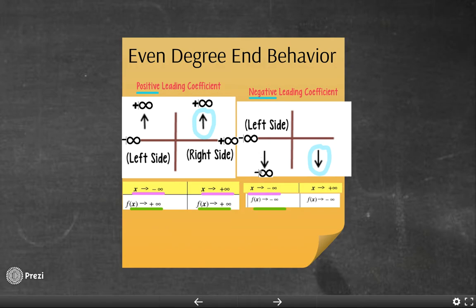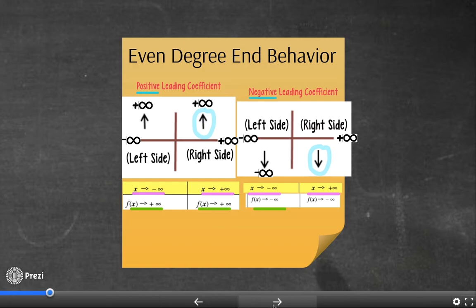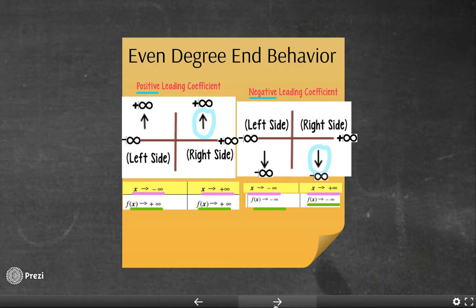That's kind of the lame terms for that. All right, and then as x approaches positive infinity, so on the right-hand side of the graph, where does the arrow point? Well, guess what? The arrow is still pointing down, so it's approaching negative infinity. So that is what end behavior is. That's what it looks like for even degree.